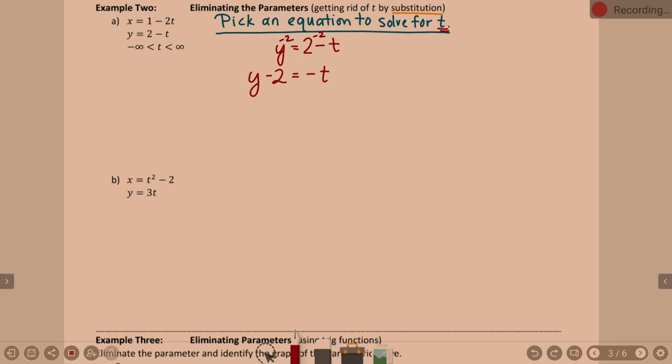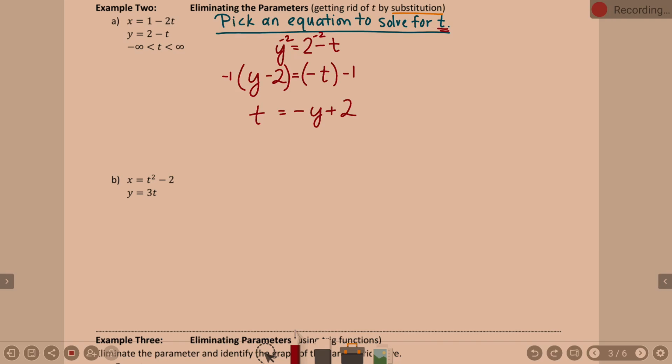So we're going to end up with the equation: negative t becomes positive t, and y minus 2 becomes negative y plus 2, or 2 minus y if you prefer. Whatever makes you happy.